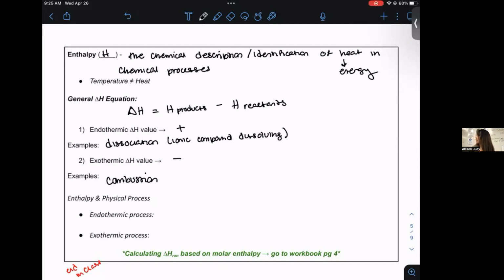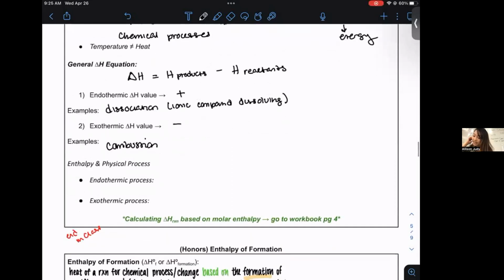We also can see endothermic and exothermic in physical processes. An endothermic process, a heat gaining process, with heat absorption overall, would be going from solid to liquid to gas. The reverse would be exothermic, gas to liquid to solid. Now, if you're like, wait a second, I never feel heat release when I freeze my ice cube, right, you don't feel it, but that doesn't mean it's not happening.